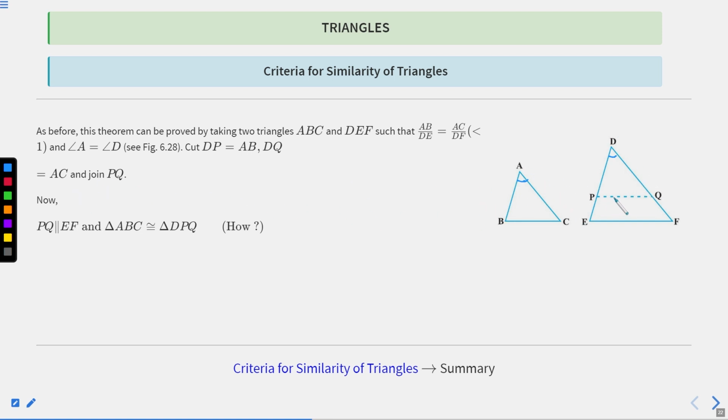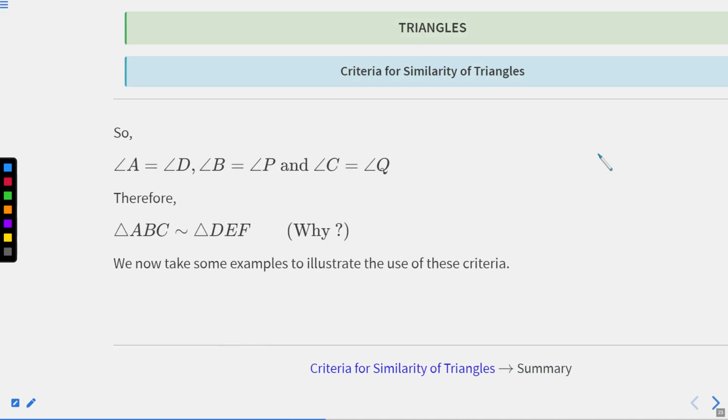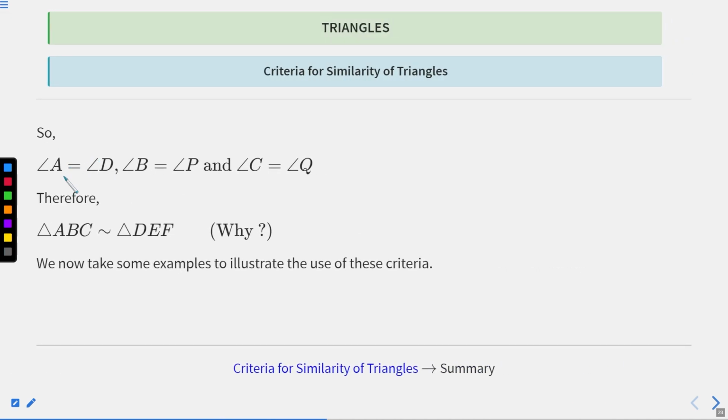Now we join P and Q, and this line segment PQ is parallel to EF, and triangle ABC and triangle DPQ are congruent to each other. So angle A is equal to angle D, angle B is equal to angle P, and angle C is equal to angle Q. Therefore triangle ABC is similar to triangle DEF.